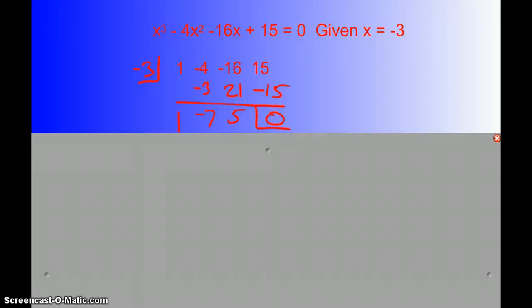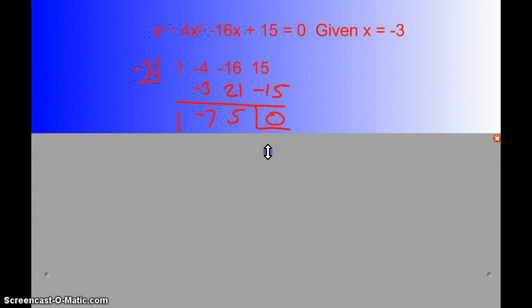Because we don't know how to solve a cubic right now, I've given you one solution of x equals -3. Because we know -3 is a solution, we know we can divide out x plus 3 from this cubic, turning it into a quadratic. To do that, we plug -3 into our little box, and we write our coefficients. Then we multiply. Carry down the 1 times -3, and so on and so on.